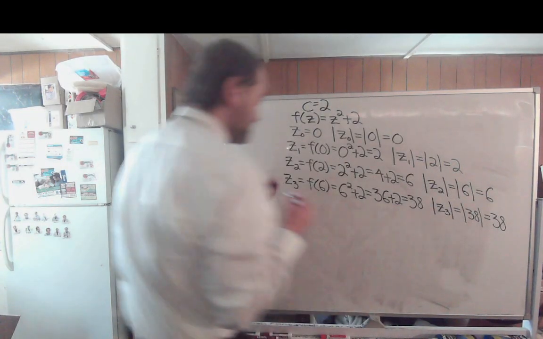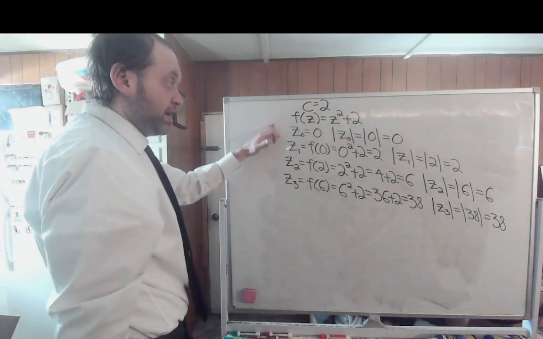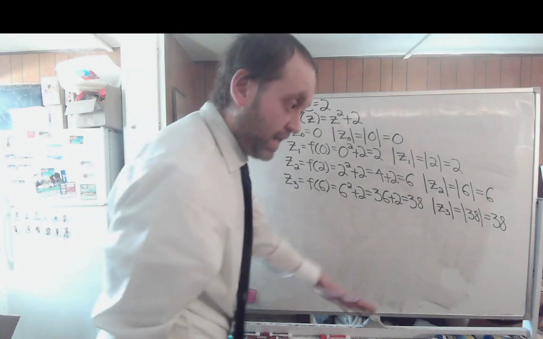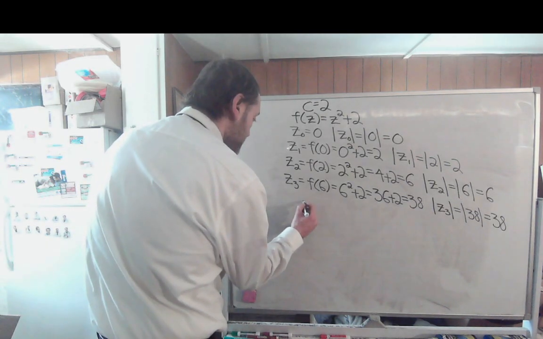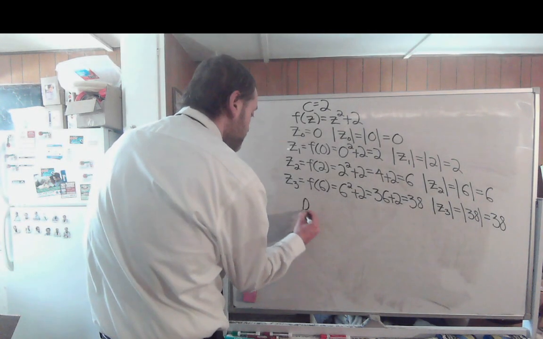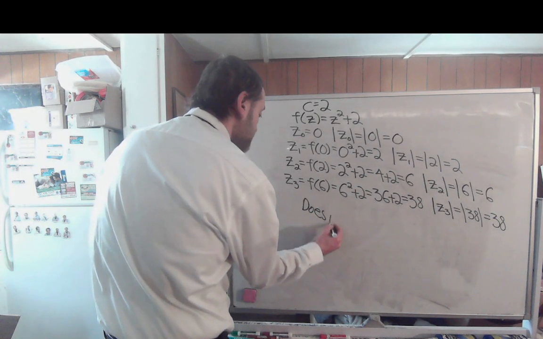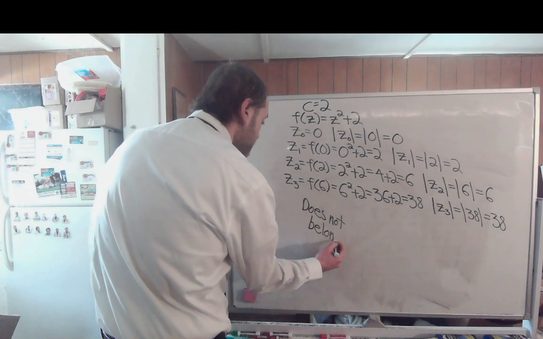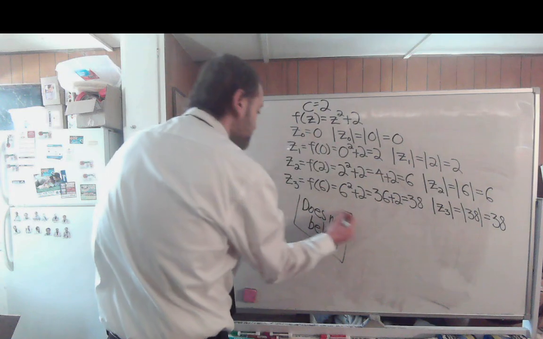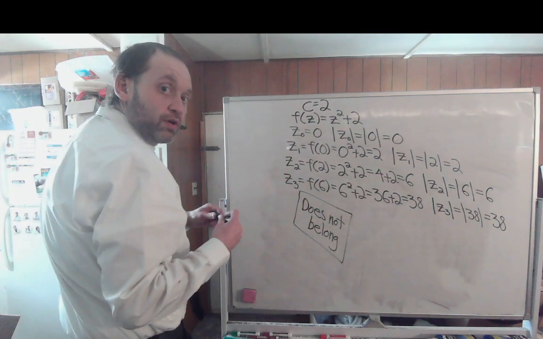So we notice that the absolute value of each of these values just keeps greatly increasing without end. So this number, the complex number 2, does not belong to the Mandelbrot set. So this does not belong to the Mandelbrot set whatsoever.